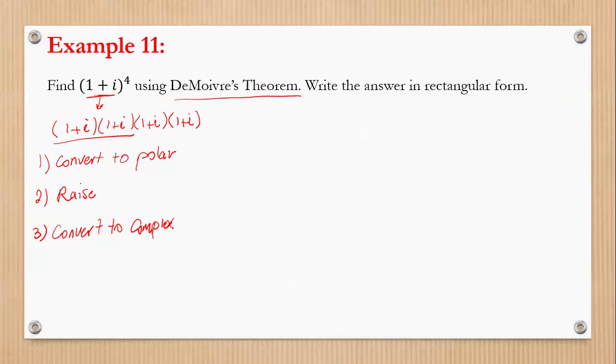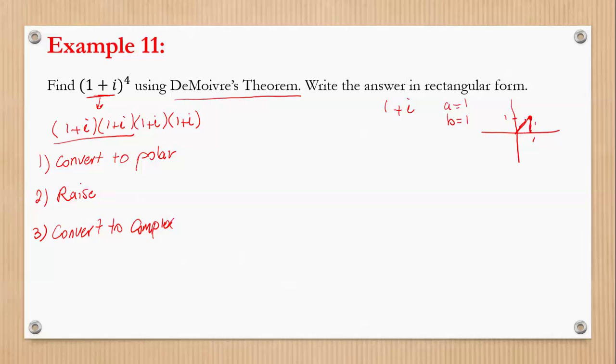So let's do that. If I want to convert to the polar form, I need to plot the point first. 1 + i means a is 1 and b is 1 as well. So the point is in the first quadrant, and I can find r.